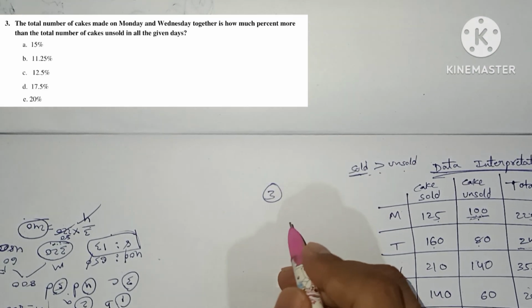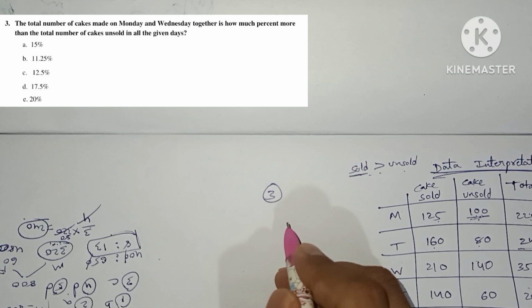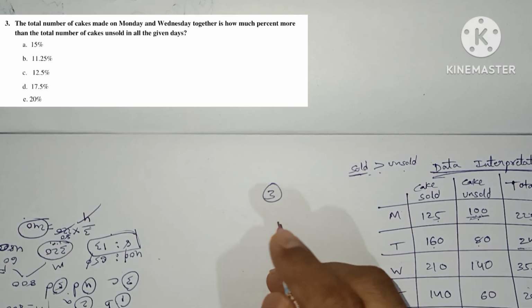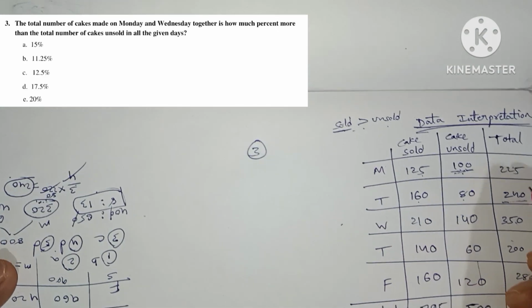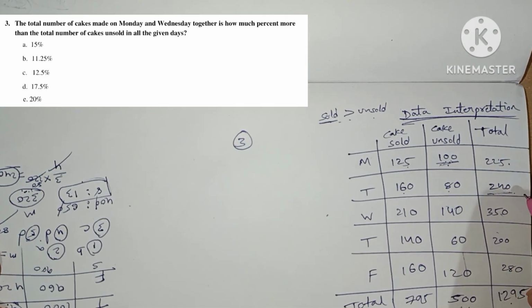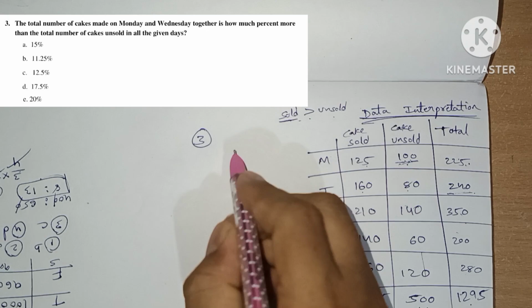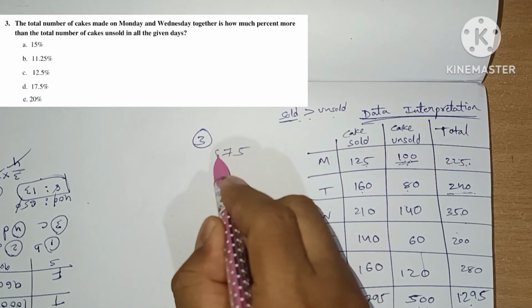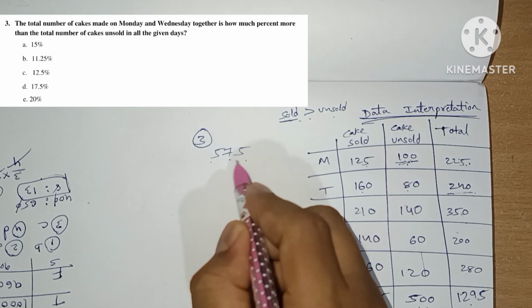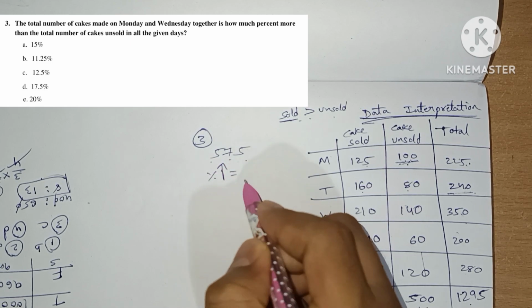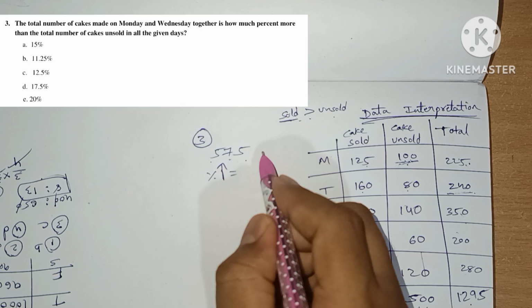The total number of cakes made on Monday and Wednesday together is what percentage more than the total number of cakes unsold in all the given days together. So the total of Monday and Wednesday together is 575. 575 is how much percentage more than the total number of cakes unsold in all the given days.